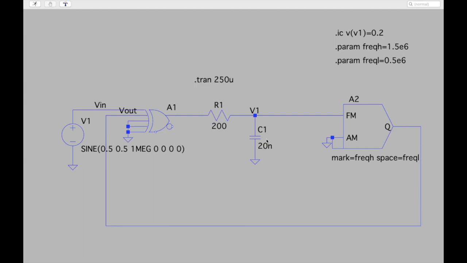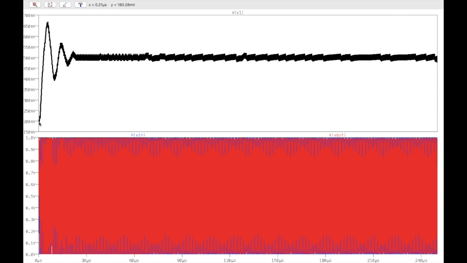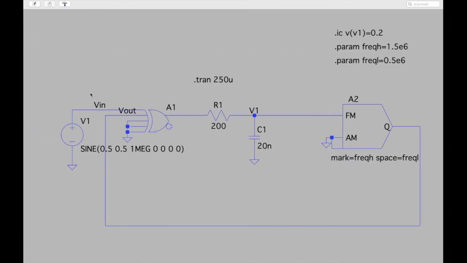And we'll also see, if there is a step in the frequency, how much time it takes to settle back. Initially, when we started with 0.2, there was a difference between the two frequencies, and it took some time to settle.